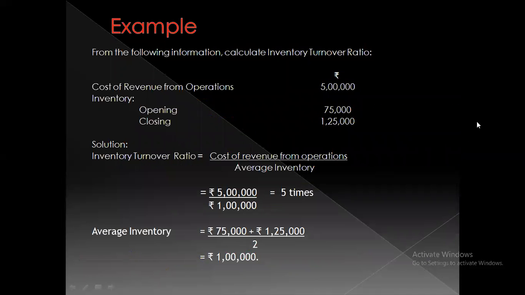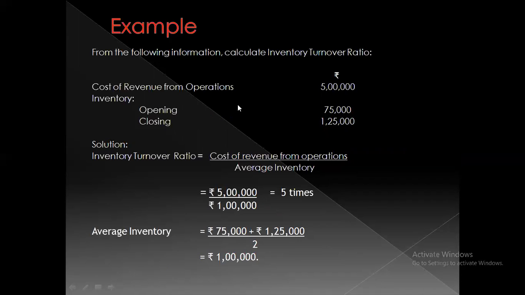Now, how to calculate it? Suppose cost of revenue from operation is 5 lakh, opening inventory is 75,000 and the closing inventory is 1,25,000. First we'll calculate average inventory, which is 75,000 plus 1,25,000 divided by 2, which will become 1 lakh. The formula of inventory turnover ratio is cost of revenue from operation divided by average inventory.